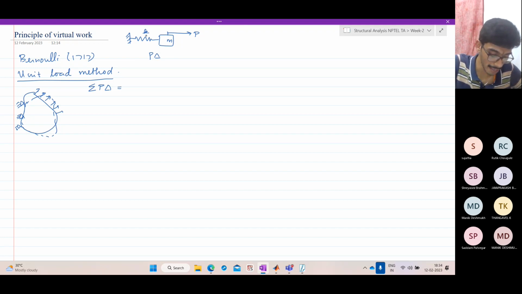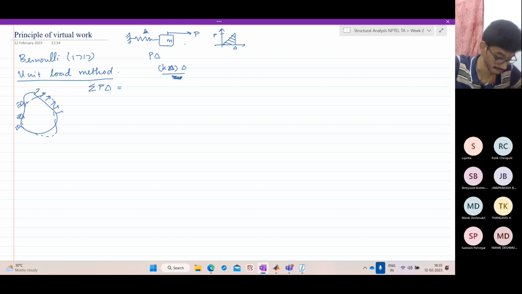But there is also this internal force, which is Kx, K delta, proportional to delta, acting through the displacement delta as delta goes from 0 to delta. So there will be this portion also. So the area of this triangle is K delta into delta by 2.